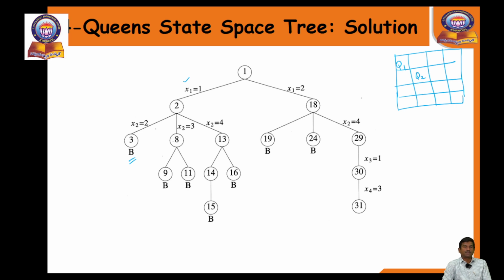So here backtracking indicates that when you place queen 2 in the second row, second column, we cannot get the solution. When we cannot get the solution, backtrack, move to the previous level and find what are the various paths available.